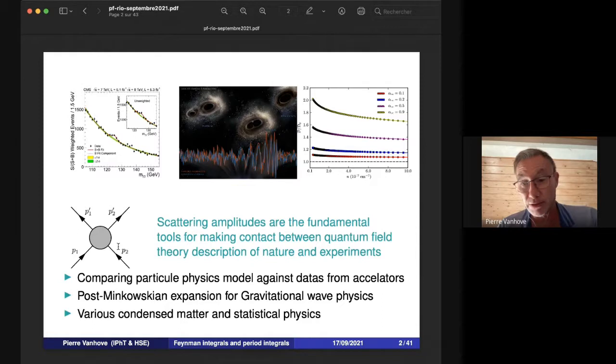And these Feynman integrals are complicated multidimensional integrals, which are the basis of every computation you can do in any quantum field theory.